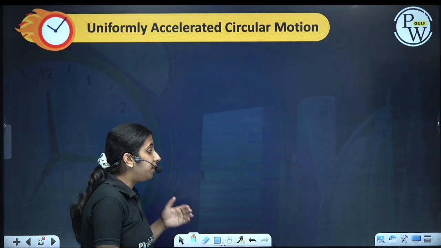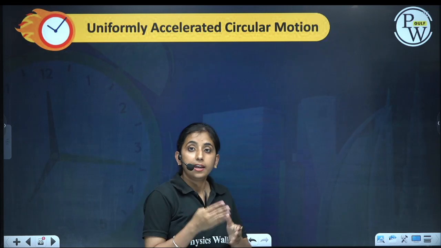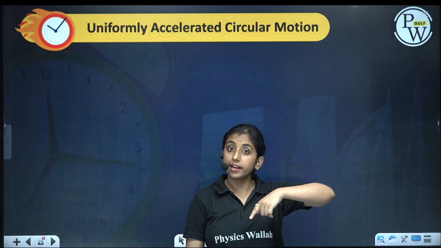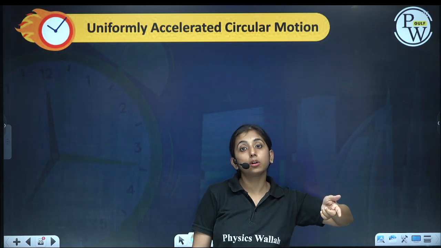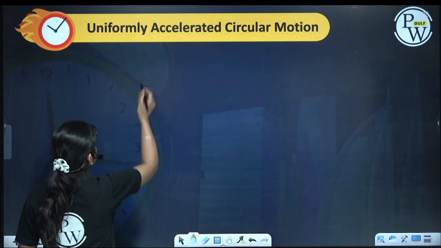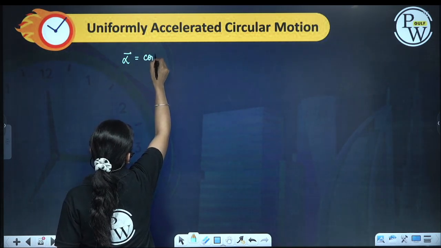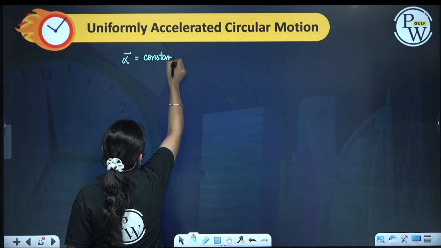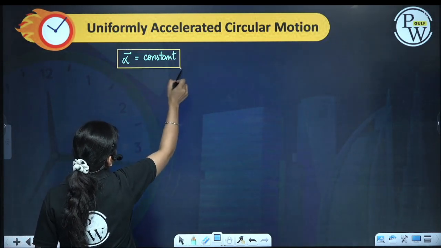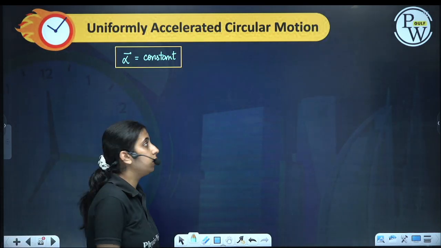If alpha is a constant, we have uniform angular acceleration. If alpha is not constant, we have variable angular acceleration. When alpha is a constant, we have uniformly accelerated circular motion.